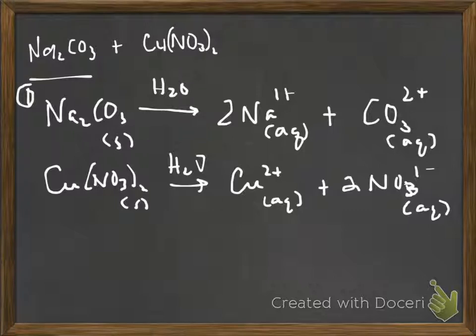Okay, so now we know what we're dealing with. When we have a solution of sodium carbonate, we're dealing with a soup of 2 moles of sodium ions and 1 mole of carbonate ions.